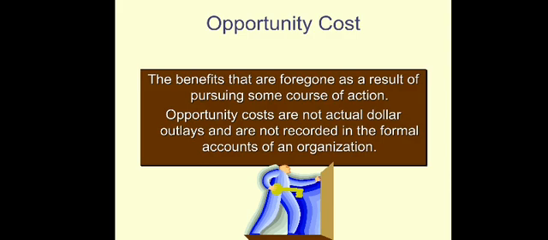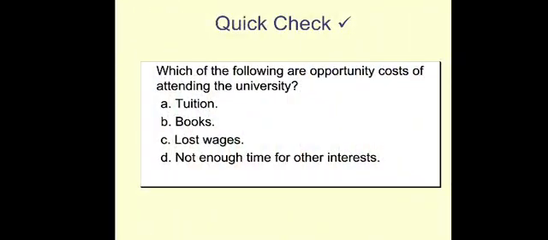So let's see the example. Which of the following are opportunity costs of attending the university? At one time, you have two options in your life: to go to the university or to work somewhere. When you go to the university, what are the opportunity costs?